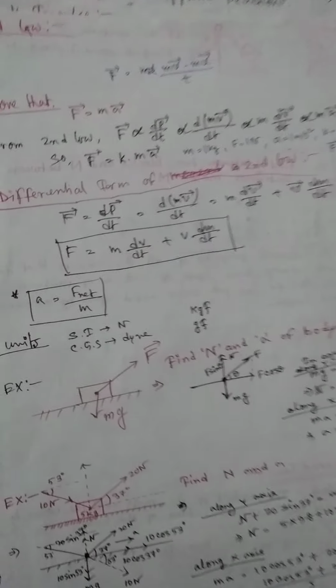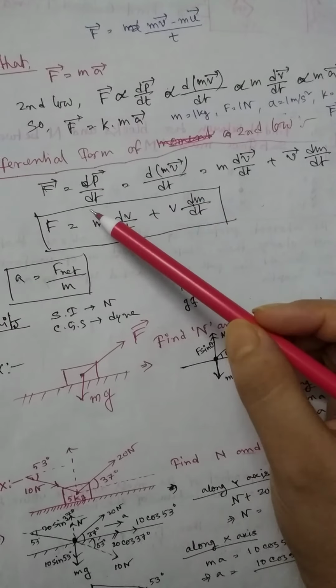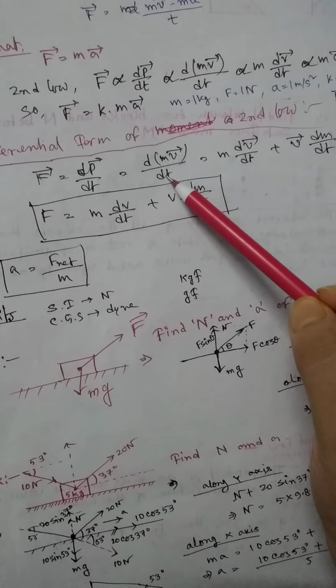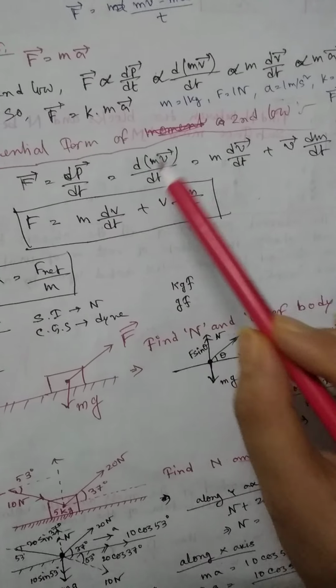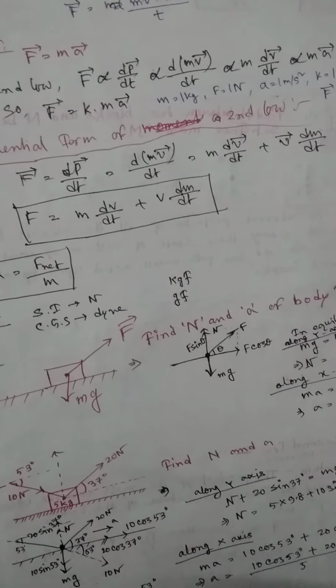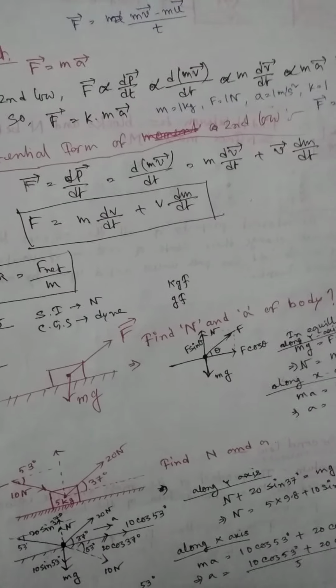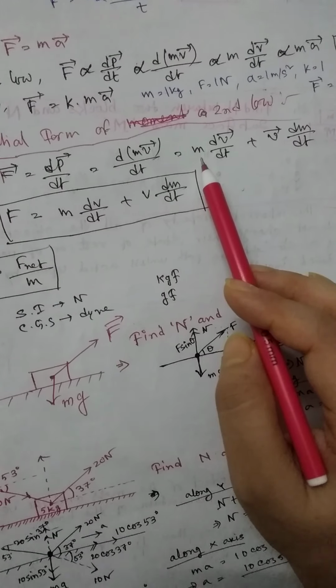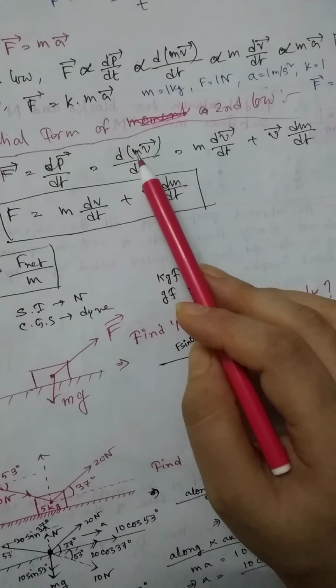This one is also important. So we know F vector equals dp by dt. Now p means momentum, that means mv, by dt. So if here m is not constant, both can change. For example, in a rocket, mass also changes. So this is the derivative in uv form.